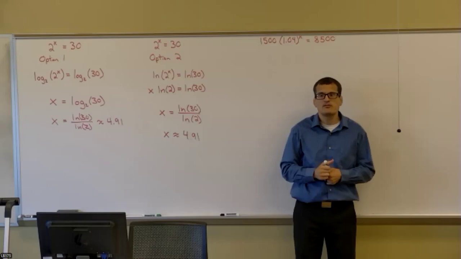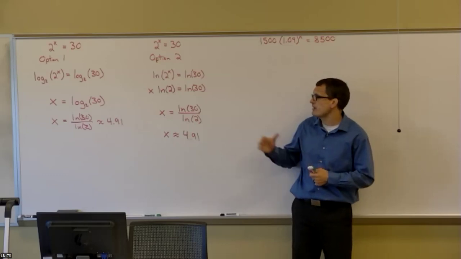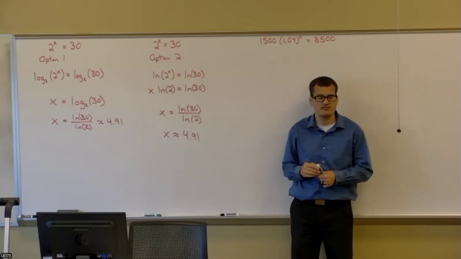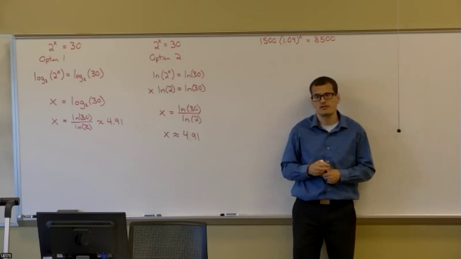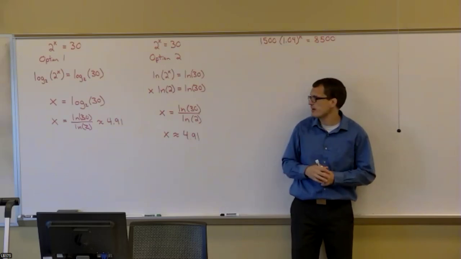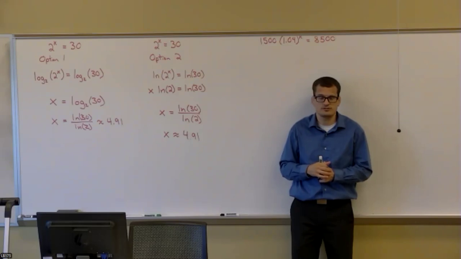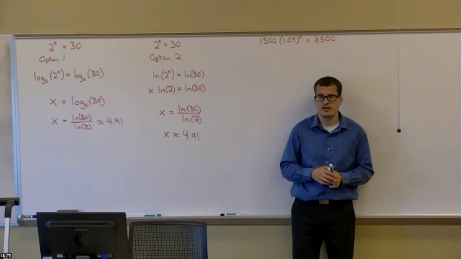Some people like applying natural log just because that's an easy button to find on your calculator, easier than log base 2 anyways. Other people get used to using log base 2 on their calculator, so they just use log base 2, or log base whatever the base is. Okay.